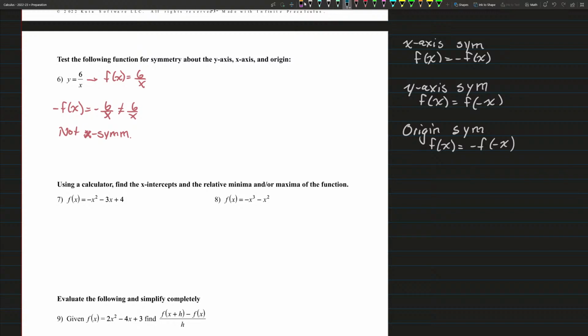For y-axis, we want to test that f of x equals f of negative x. Okay, so we need to see that 6 over negative x is equal to 6 over x, but it's not, therefore not y symmetric.